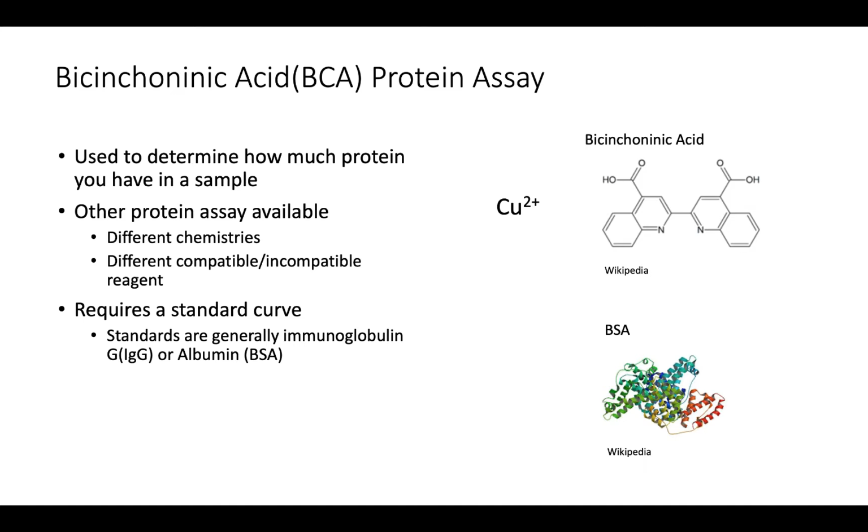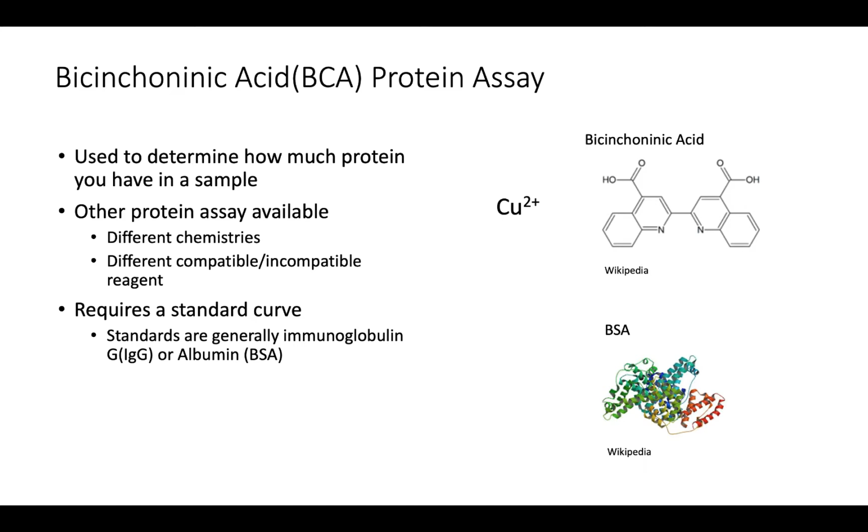So it's very specific to our protein for Project 1 and 2. The BCA assay is not protein specific. There's a lot of other different assays out there. I was used to the Bradford when I was in industry. Again, what you use depends on the type of chemistry that you have and your compatibility with your different reagents.